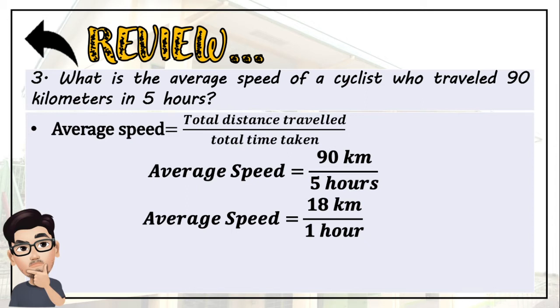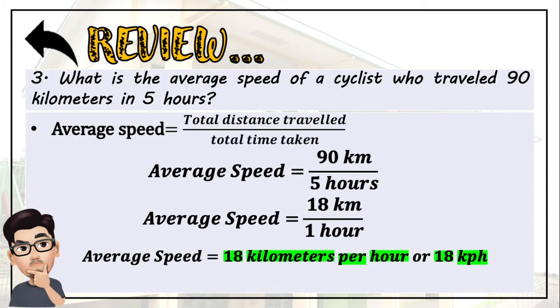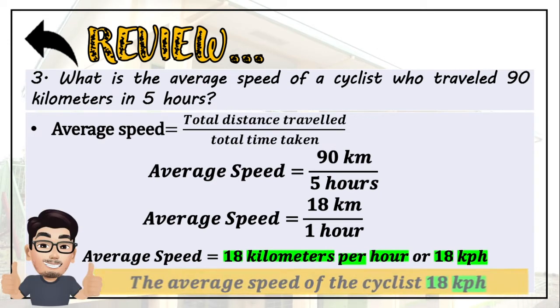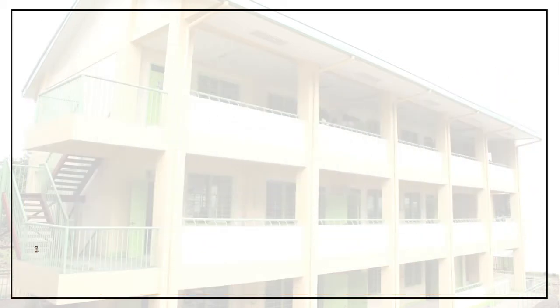It's because we are going to look for the average speed, and as I said earlier, we need to downsize the unit time or the unit hour to 1. Unit means 1, so there is 1 there below. So our average speed will be 18 kilometers per hour. Okay, good job. Now let's proceed to the next example.